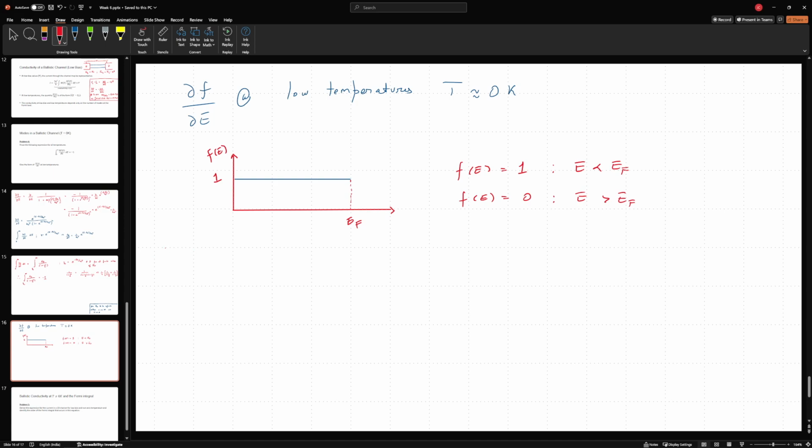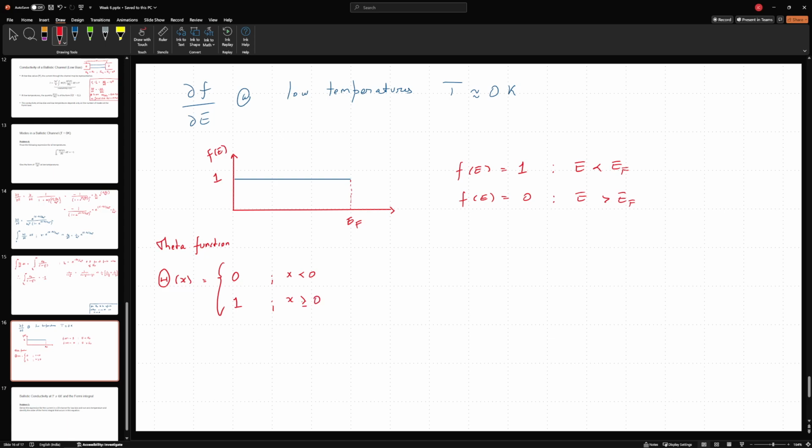So I hope many here are familiar with the theta function or the step function. So theta of x, it should be uppercase theta, is two cases: 0 for x less than 0 and 1 for x greater than or equal to 0.